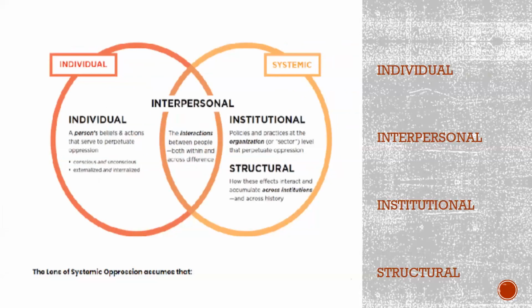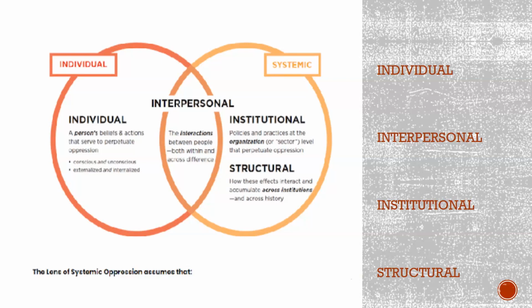Yes. So in coming up with this slide, I wanted to usher us into thinking about the intersectionality of oppressive systems. If we are looking at this diagram, we can see that we have an individual, a person who has their own beliefs, actions that may serve to perpetuate oppression.